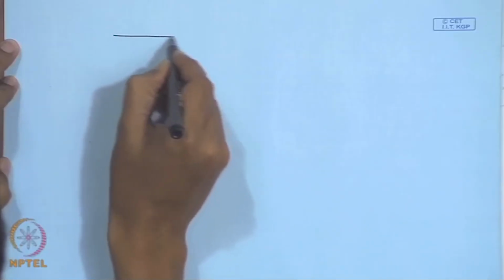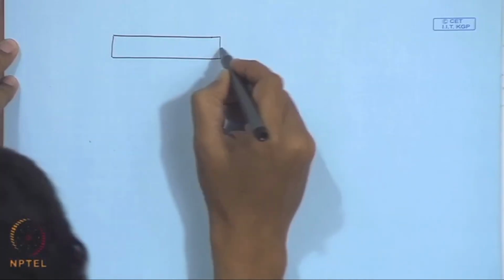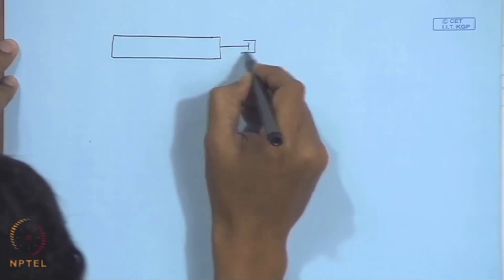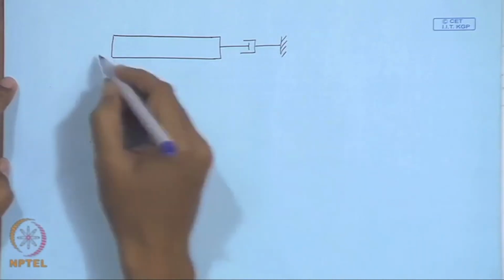Now, let us go to the second example. This second example is once again a bar with a boundary damper.